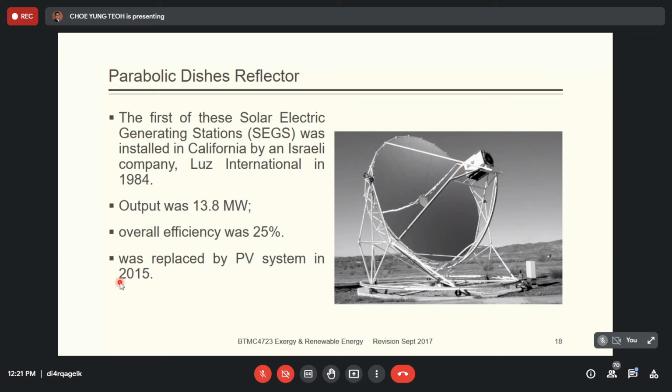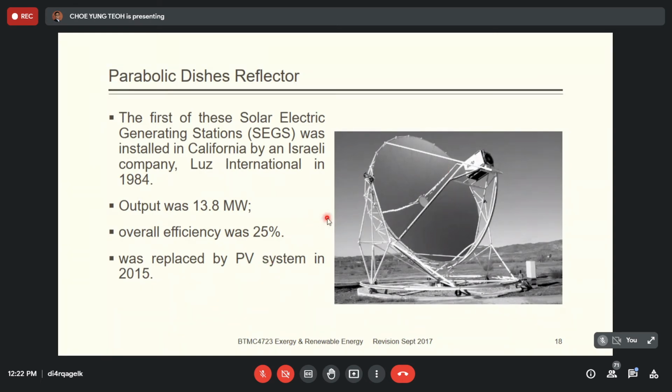They found that photovoltaics have better efficiency and lower operating cost. So the blade still operates, but now they changed the receiver to a photovoltaic system in 2015. So this one is still in operation, but the concept already changed from solar thermal to photovoltaic.